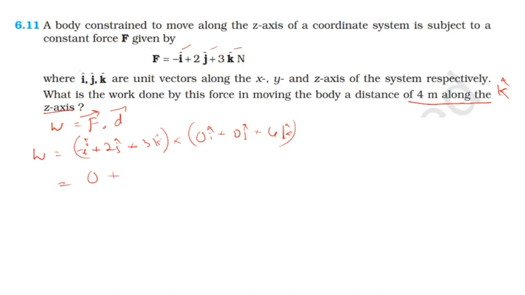So you can write 0 plus 0 and 3 into 4, this is 12, and this is k dot k. So k dot k is associated with the cos angle. Theta is equal to 0, cos of 0 is equal to 1, and this is 12. The SI unit is joule. W is equal to 12 joule.